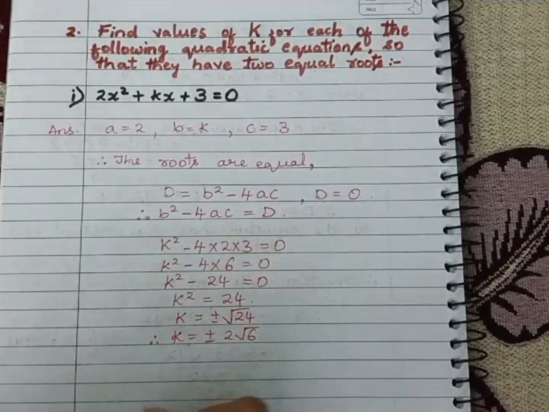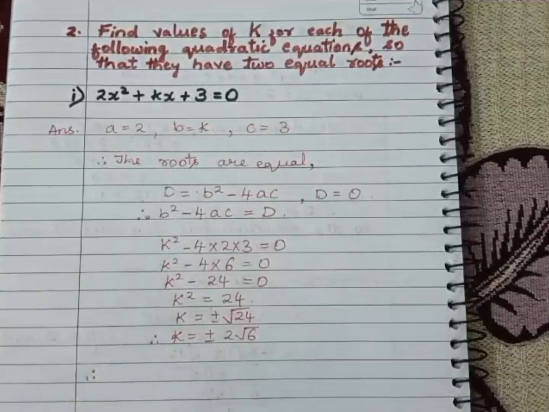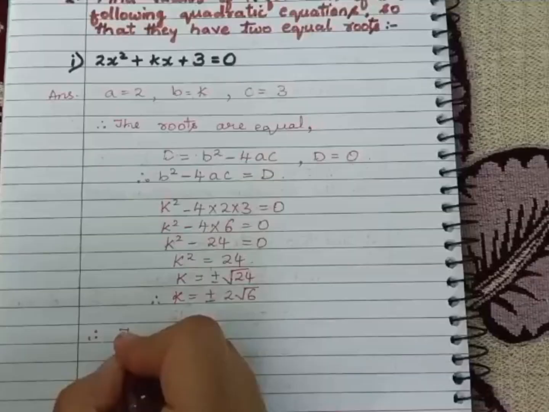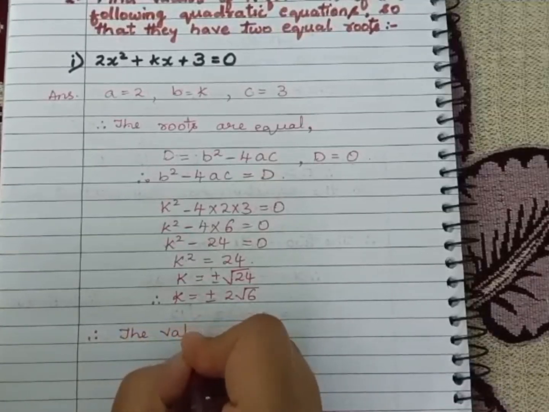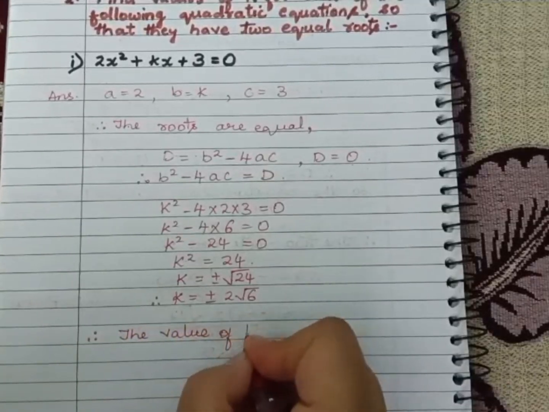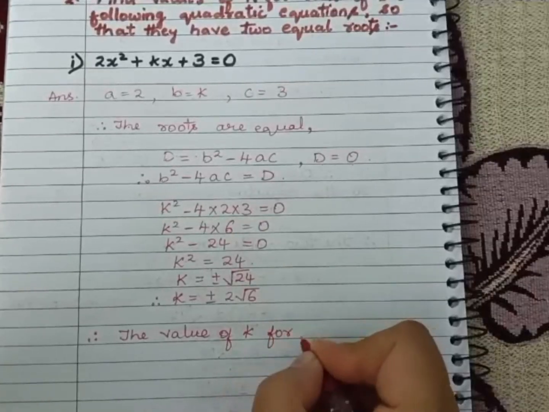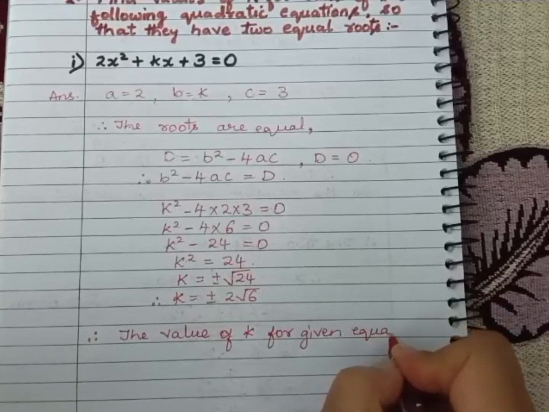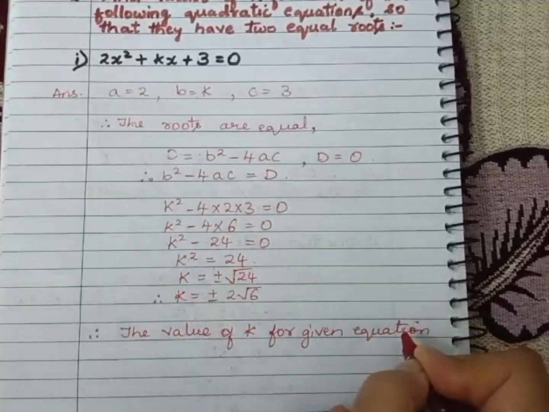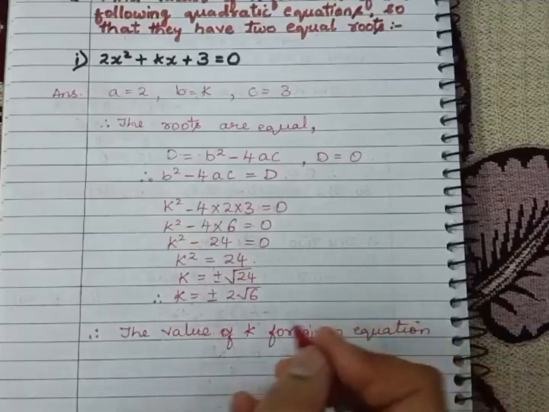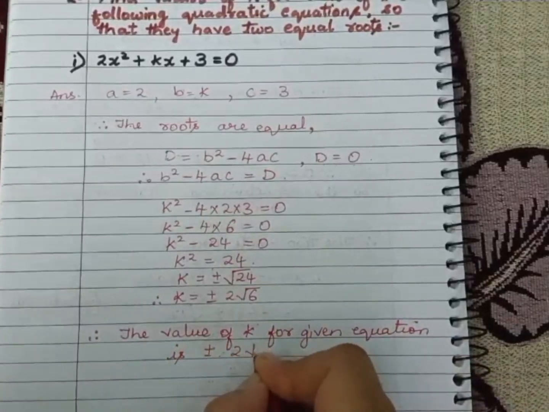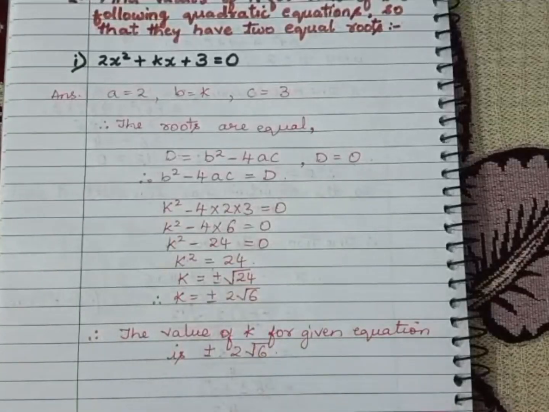Therefore, the value of k for given equation is plus or minus 2 root of 6.